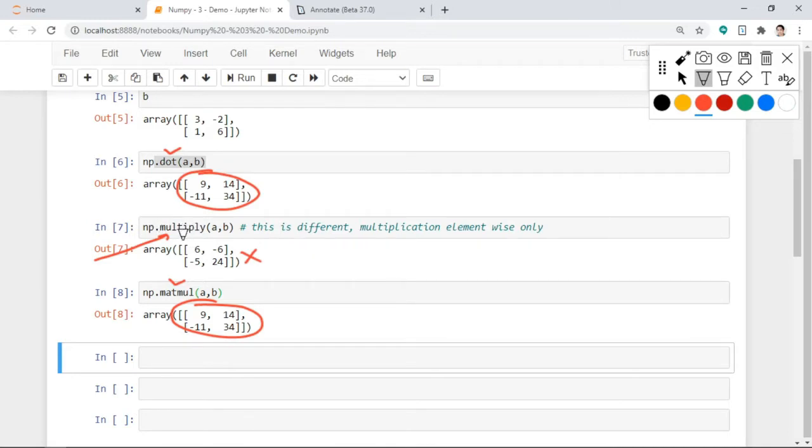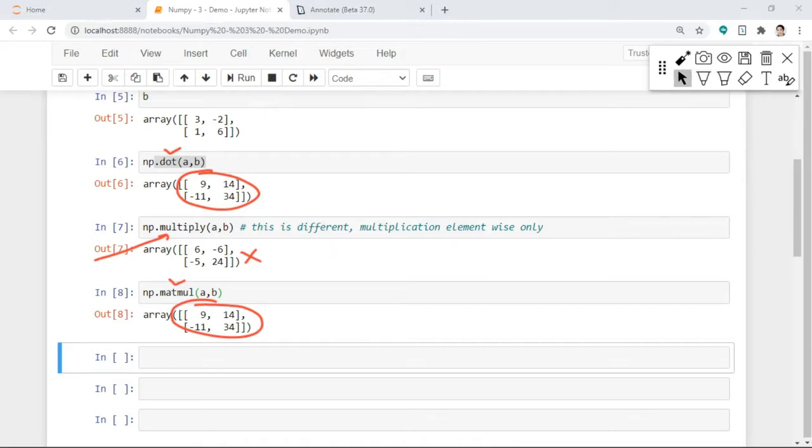Okay, so let's have another example. Let's multiply a 2 by 3 matrix by a 3 by 3 matrix. So I hope you will appreciate more of the NumPy library.